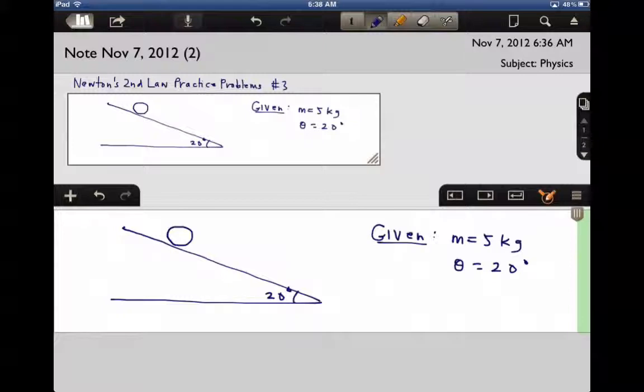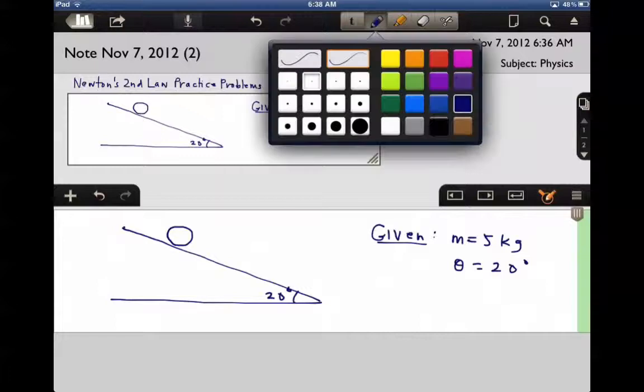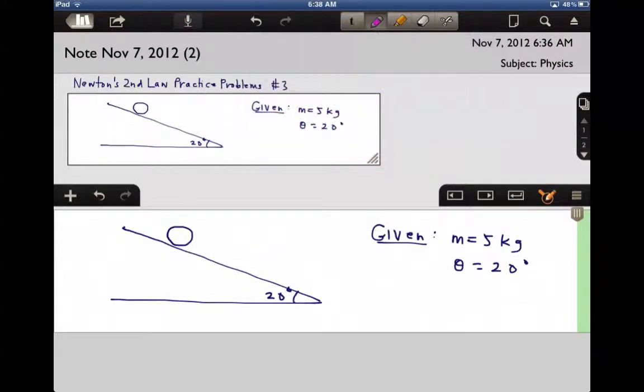Now recall that when we have an object on an inclined plane, we want to consider the forces in a rotated axis, meaning because the rock moves along the inclined plane, the rock moves this direction parallel to the plane, I want the axis to follow that direction.